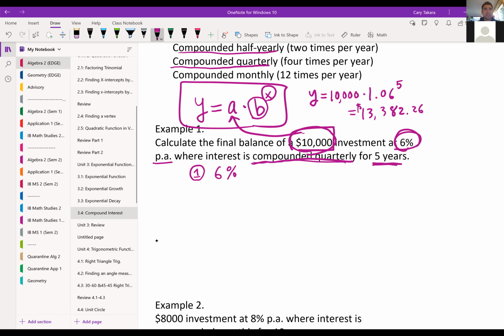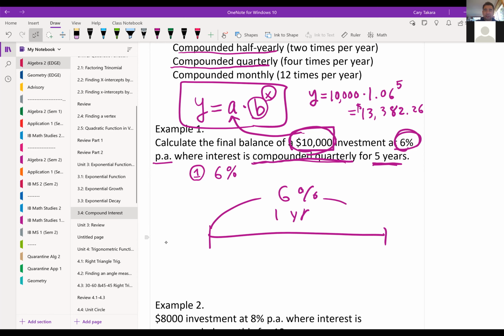So you have this whole 1 year, and you're going to get 6% for the whole year, but we're going to split the whole year into quarters. That means you have to divide 6% by 4. So 6% divided by 4. What do we get? 1.5? Yeah.